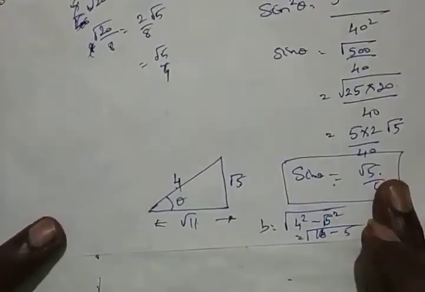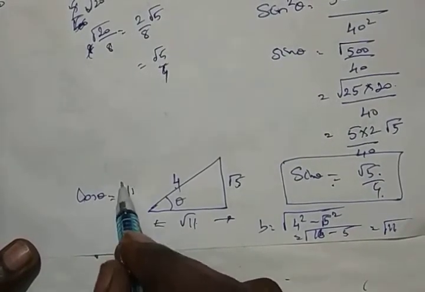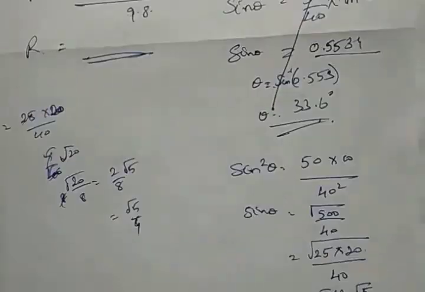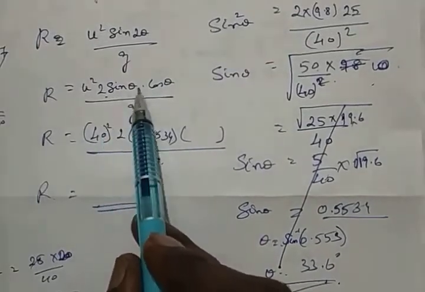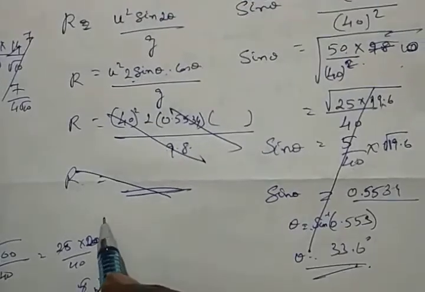So what is cos theta here? It is under root 11 by 4. So in this formula, 2 sin theta cos theta, instead of this you get a simple value here.